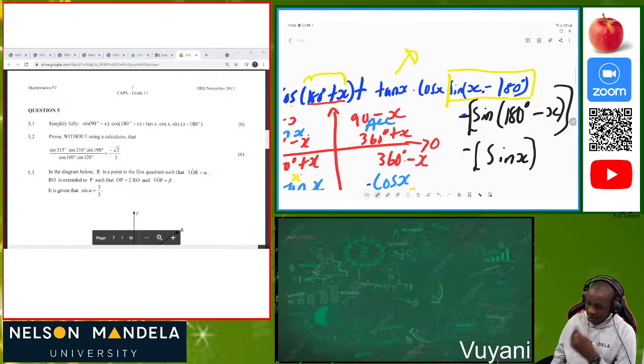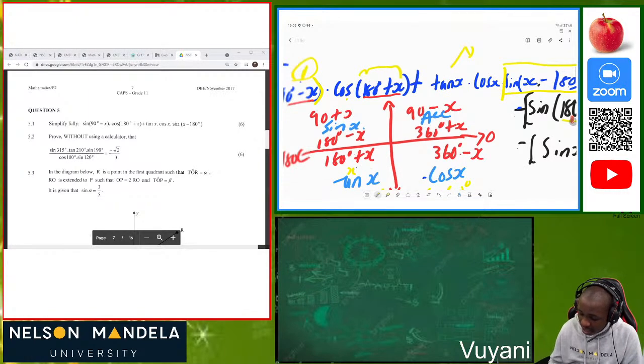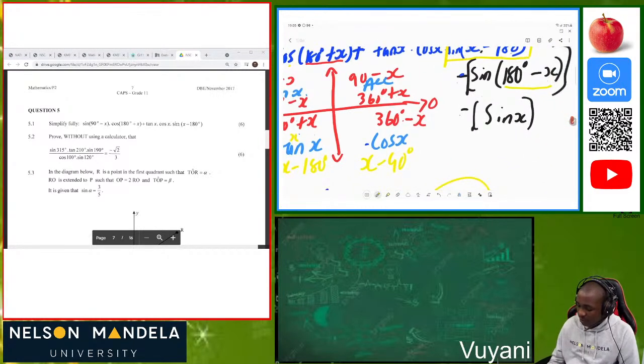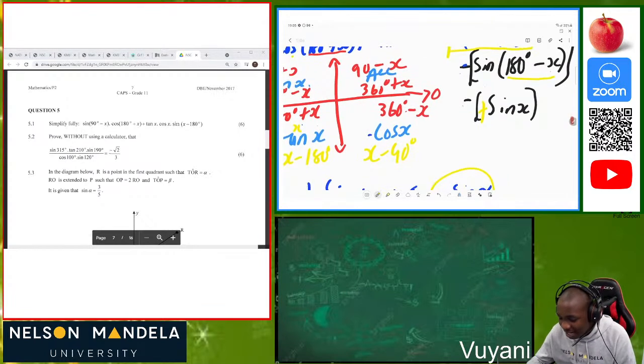Then we can say negative sine of open bracket 180 degrees minus x. Then we start with what we have in the bracket. Where is 180 degrees minus x in our reduction cross? It is in the second quadrant. And in the second quadrant, is sine positive or negative? It is positive. That's why inside we have our positive sine of x. Then we say negative times positive sine of x, then we end up having negative sine of x.